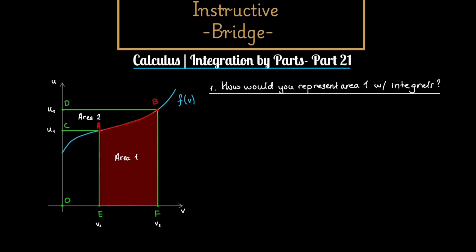So that means if we were to express this area as an integral, we would begin with the integral from v1 to v2, because these are the bounds, of the blue function. So in our case, that would be f of v. And of course, in the end, we have to add dv. This was quite simple, so let's move on to the next question.